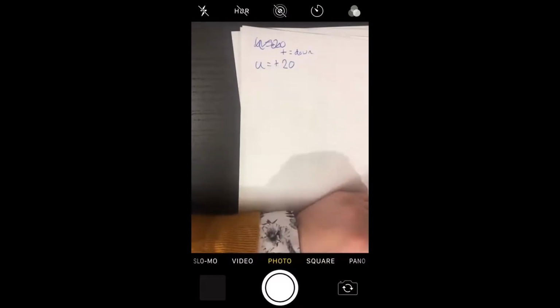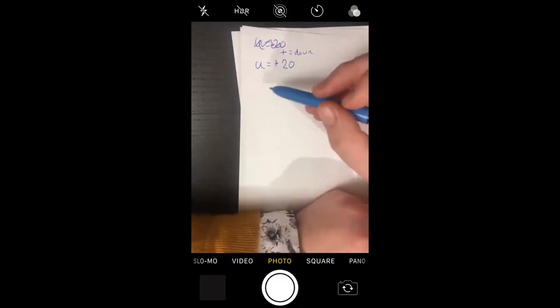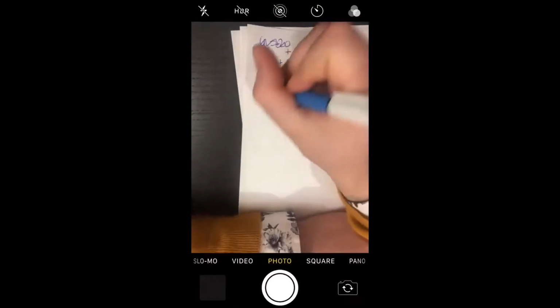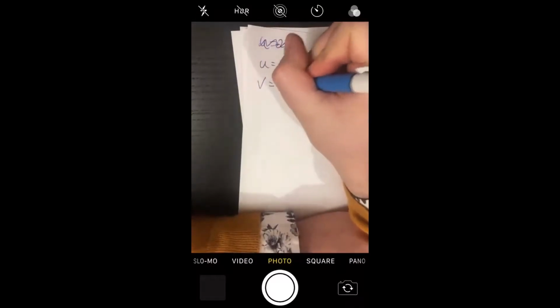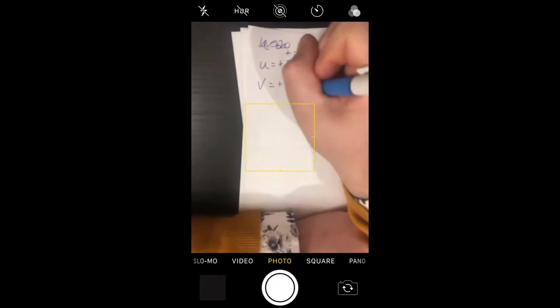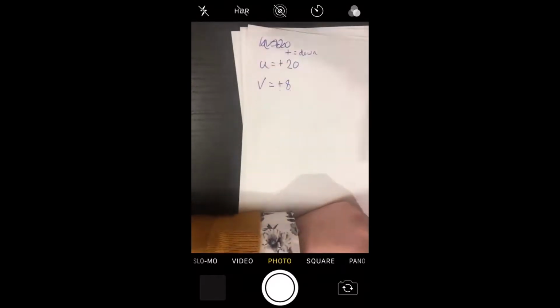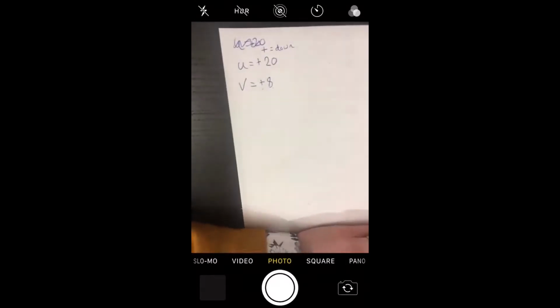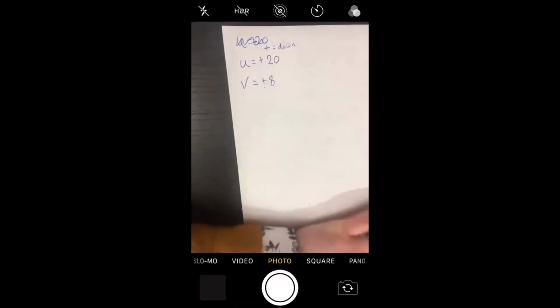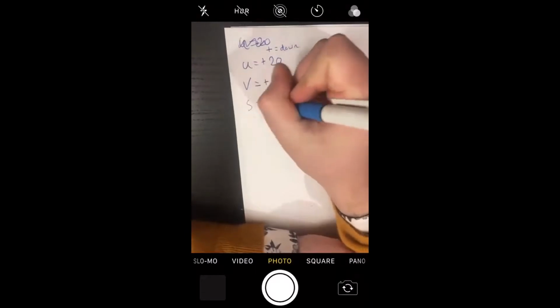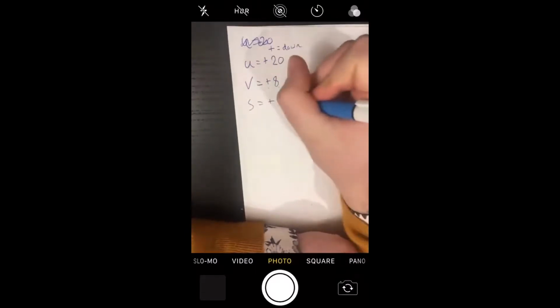Now, our final velocity: he slowed down to 8 meters per second. But it's still positive, still going the same direction. The person's not going 8 meters per second up. They're still going in that same direction. And it takes 20 meters of fall to get to that new speed.